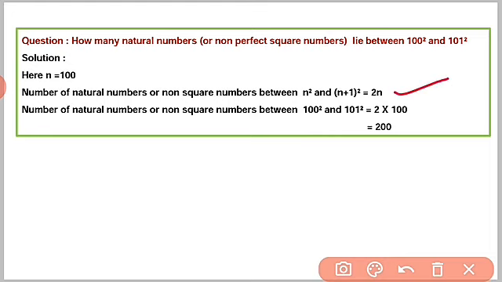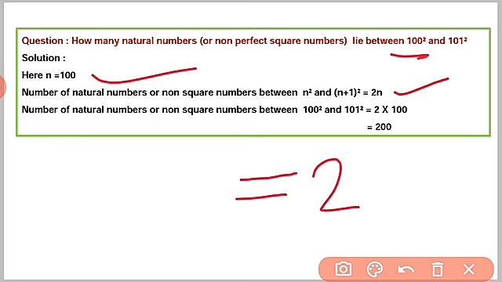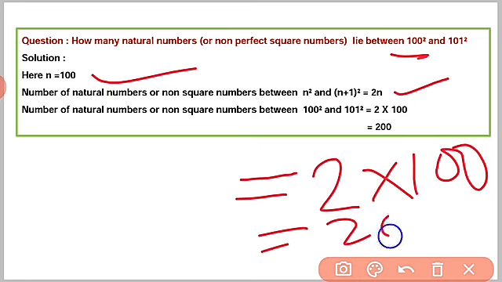Over here n is equal to 100. So how many natural numbers will be there between 100 squared and 101 squared? Yes, it will be equal to 2 multiplied by 100, that is 200. So there are a total of 200 natural numbers or non-perfect square numbers lying between 100 squared and 101 squared.